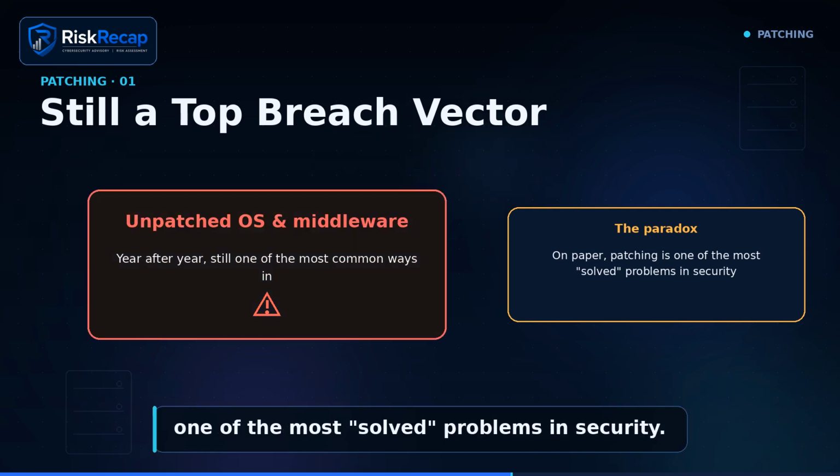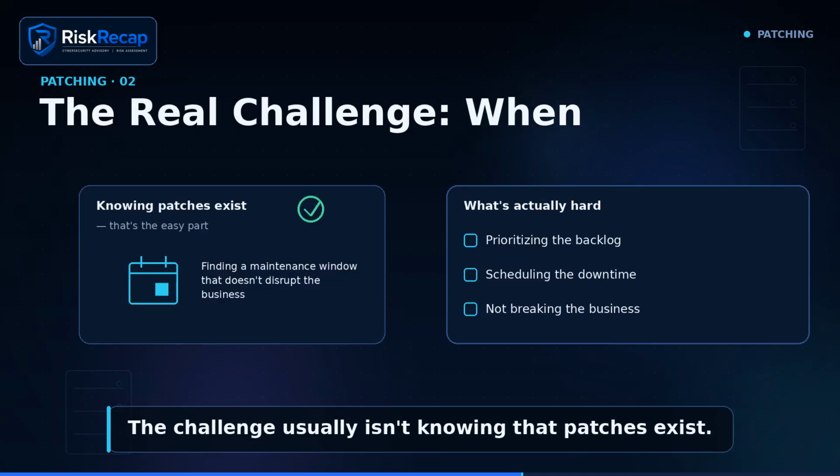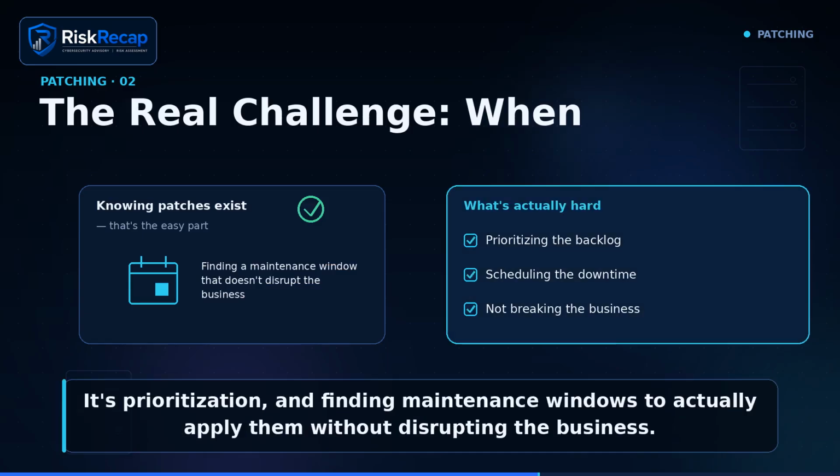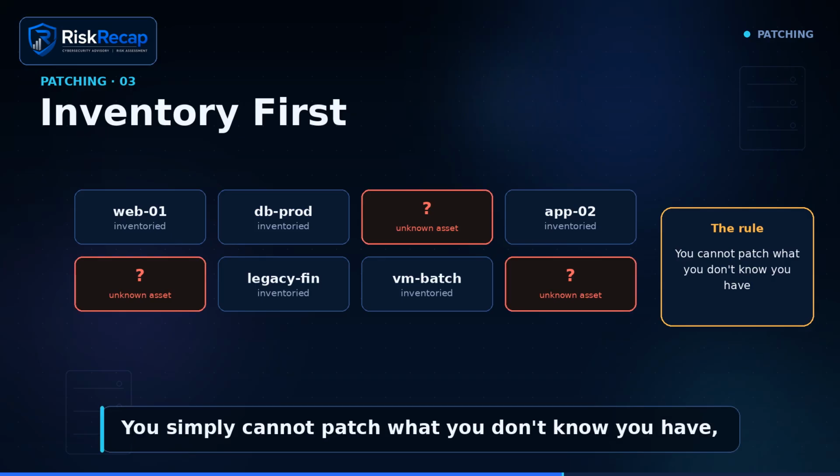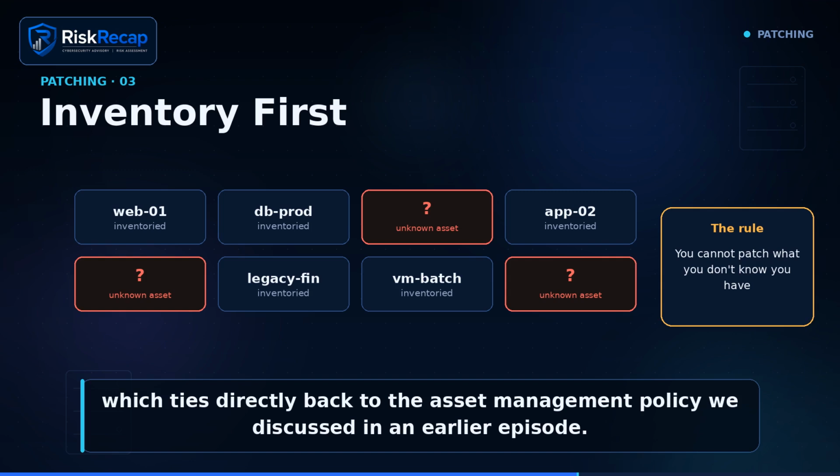The challenge usually isn't knowing that patches exist, it's prioritization and finding maintenance windows to actually apply them without disrupting the business. Asset inventory is the prerequisite here. You simply cannot patch what you don't know you have, which ties directly back to the asset management policy we discussed in an earlier episode.